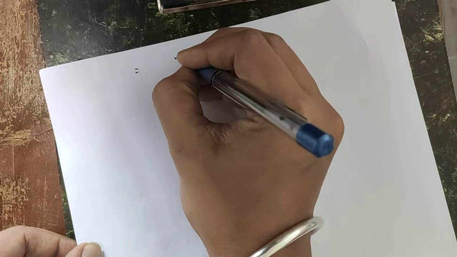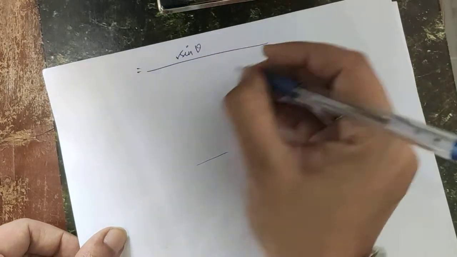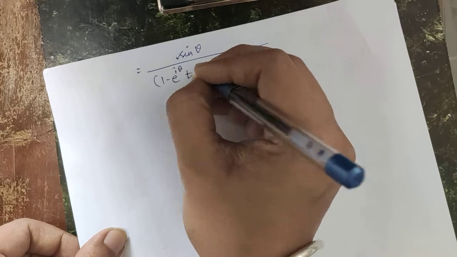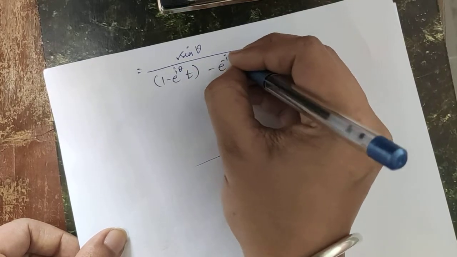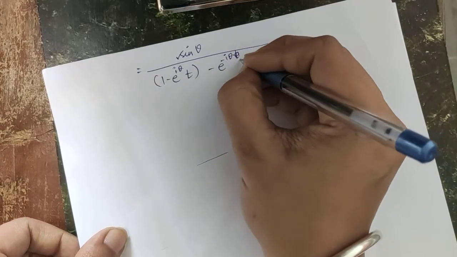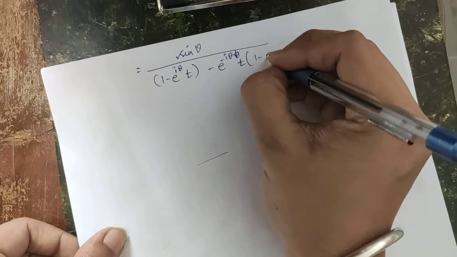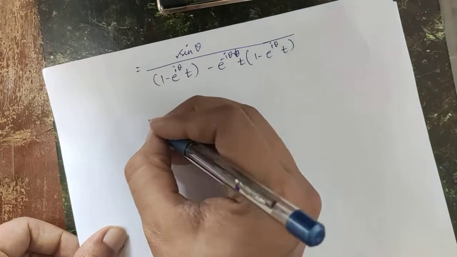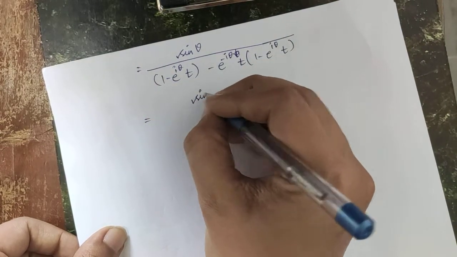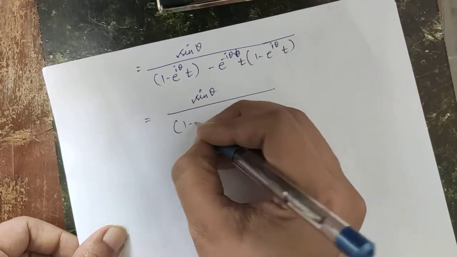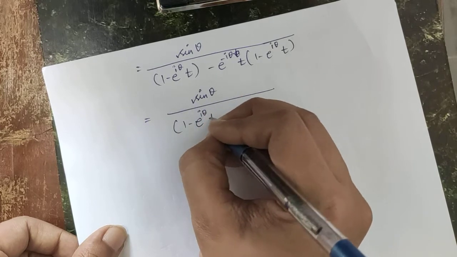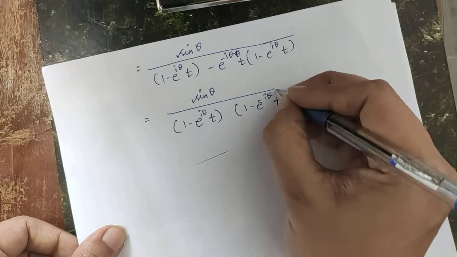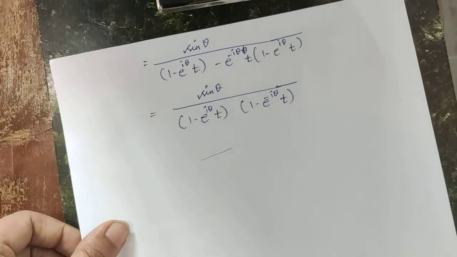We can write this as sin theta divided by 1 minus e power i theta into t minus e power minus i theta into t into 1 minus e power i theta into t. So this is equal to sin theta divided by 1 minus e power i theta into t into 1 minus e power minus i theta into t. Right?